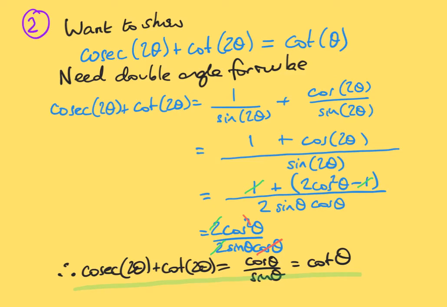So the key identities in this question that we needed were to know the formulae for the double angle functions like sine of 2 theta and cosine of 2 theta, and then it really follows automatically. Okay, with that, let's go on to the third identity.